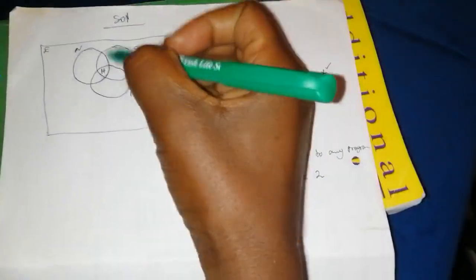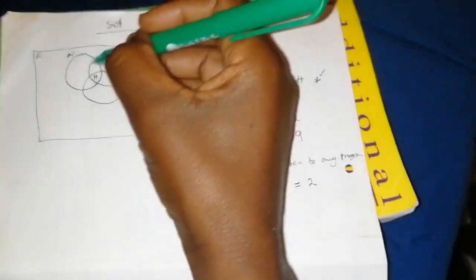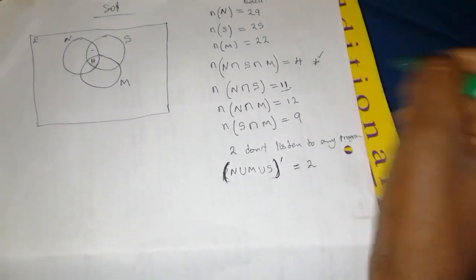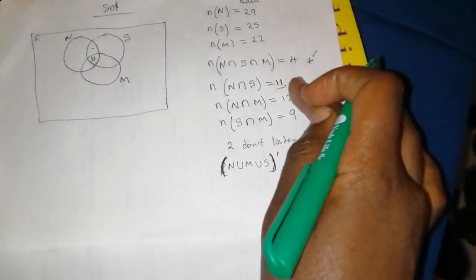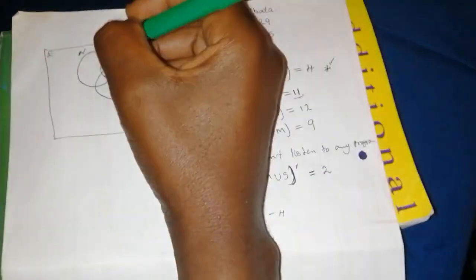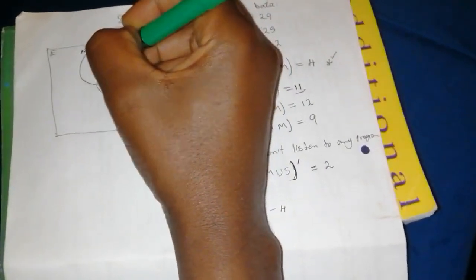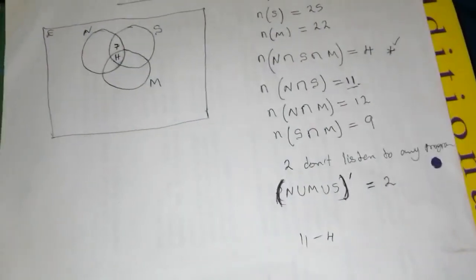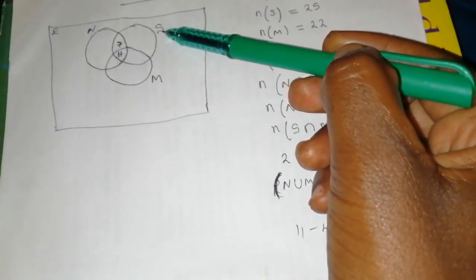We are given 4 already who listen to all the 3. So for me to know the number to put here, I would simply subtract 4 from 11. So 11 minus 4 will give me 7, and I'm going to put 7 here. So 7 plus 4 is 11, and those who listen to news and sports, they are 11.